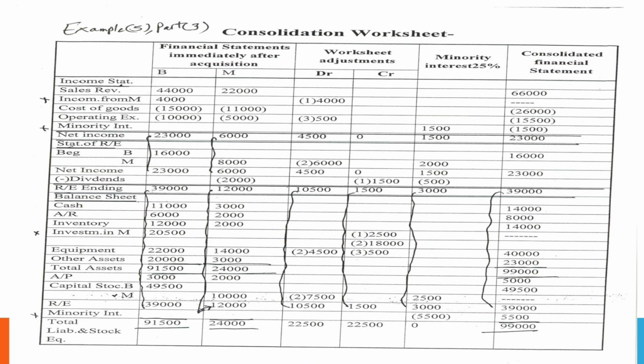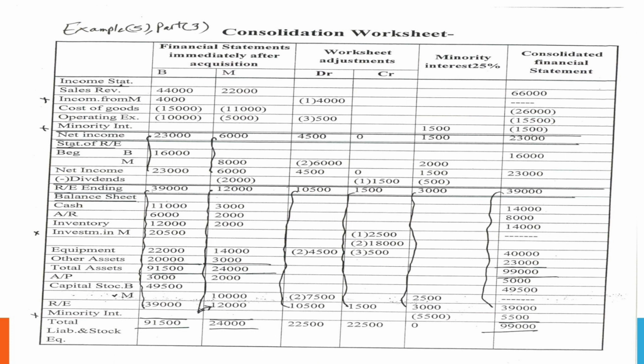That means the ending retained earnings of consolidated equals company B's ending retained earnings. That's the consolidated in the last column. This one here is for company M, company B as a parent.